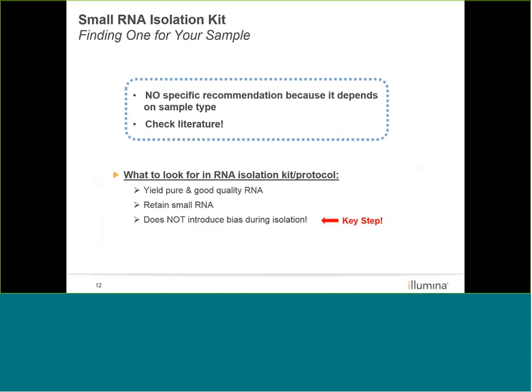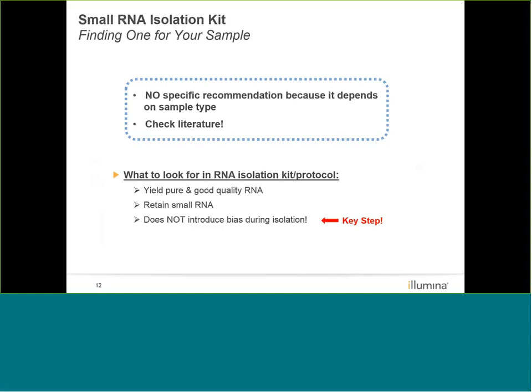The most important thing in small RNA sequencing is to avoid bias. When I say bias, I mean, are all the small RNA species in the cell or the tissue that you're working with retained during isolation and library prep, so that they're all in your final library to be sequenced and analyzed? That's one thing.